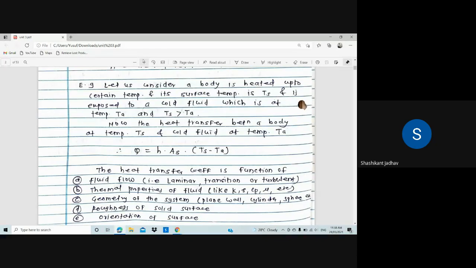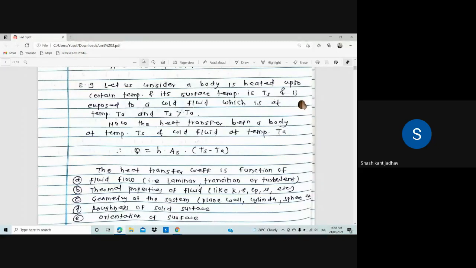ओके. सो ऑल ऑफ यू राइट डाउन. The heat transfer coefficient is function of, write down first, fluid flow in bracket, that is laminar, transition or turbulent.